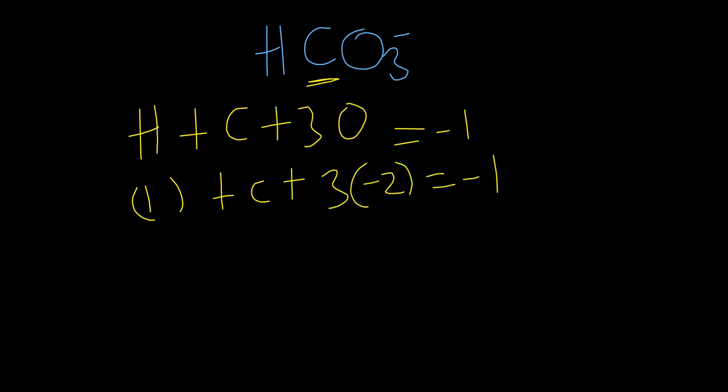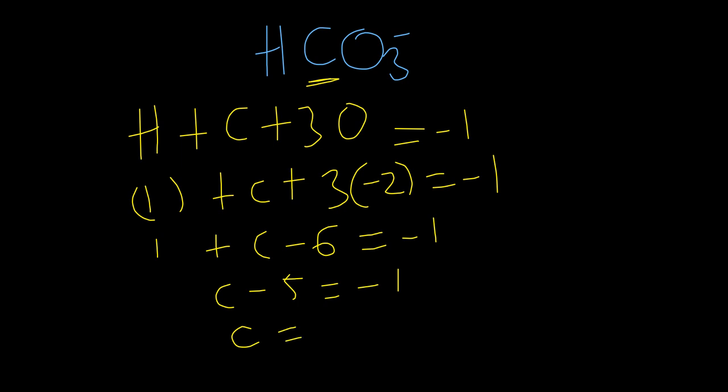So we have 1 here plus C, then minus 6, equals -1. The C is repeated. 1 minus 6 will give us -5, right? That will be equal to -1. So our C, which is the carbon, will be equal to -1 plus 5.